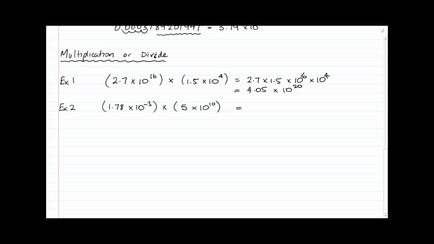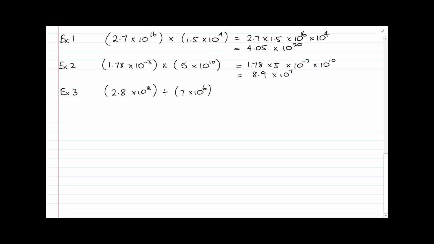And so in this case, 1.78 times 5, and then times 10 to the power of negative 3 times 10 to the power of 10 will mean that I get 8.9, that's 1.78 times 5, times 10 to the power of 7, because I get negative 3 plus 10. And lastly, example number 3, 2.8 times 10 to the power of 8 divided by 7 times 10 to the power of 6.